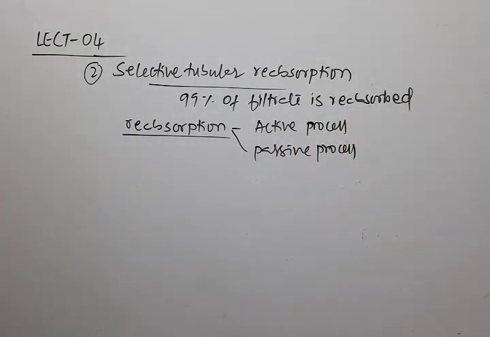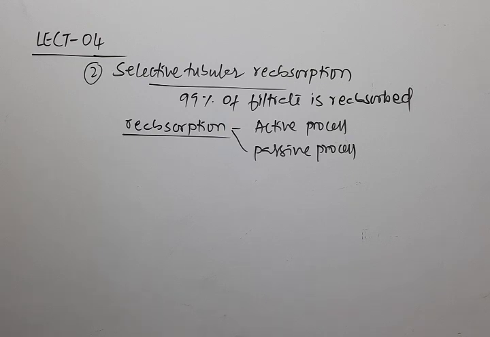We know already the active process uses energy to take up those substances, and the passive process works without using energy, by means of diffusion or facilitated diffusion. If it reabsorbs those substances through that, we call it a passive process.